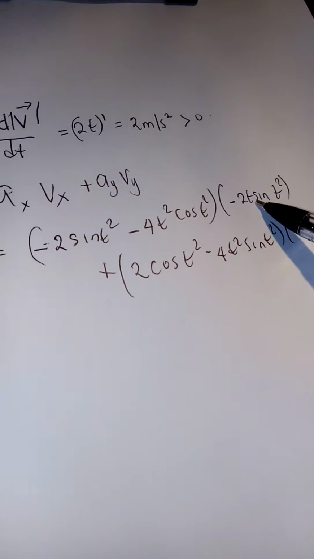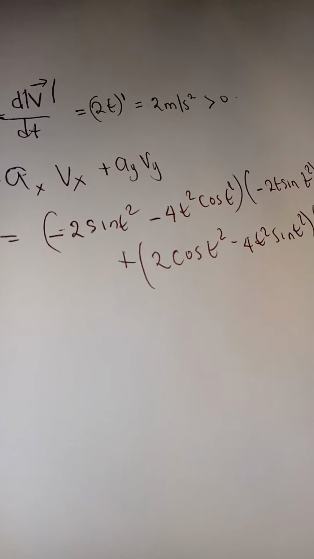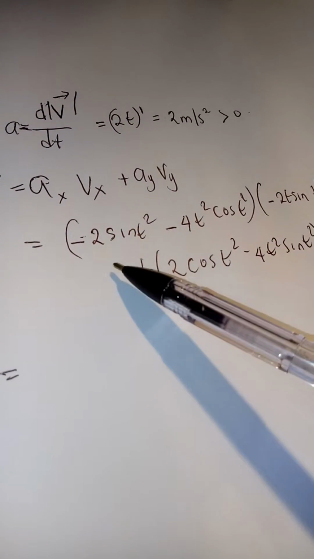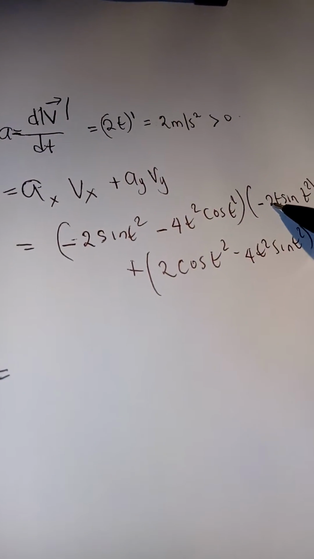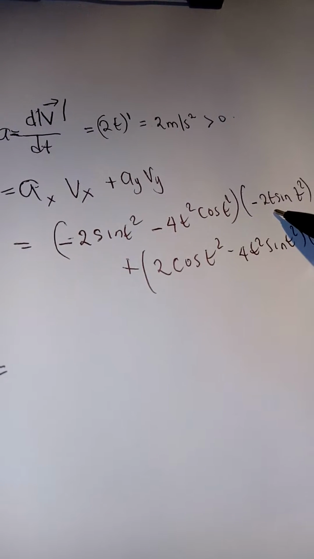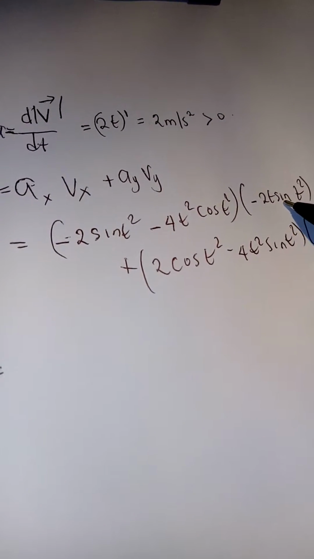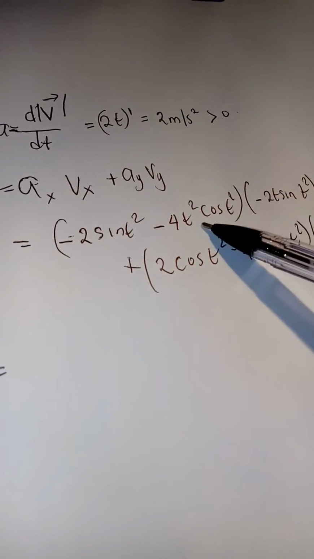So if we do this, what are we going to have? Let's multiply. So we have negative 2t sinus t square times negative 2 sinus t square, because we'll use distributivity, and we'll multiply this by this and multiply this by this.